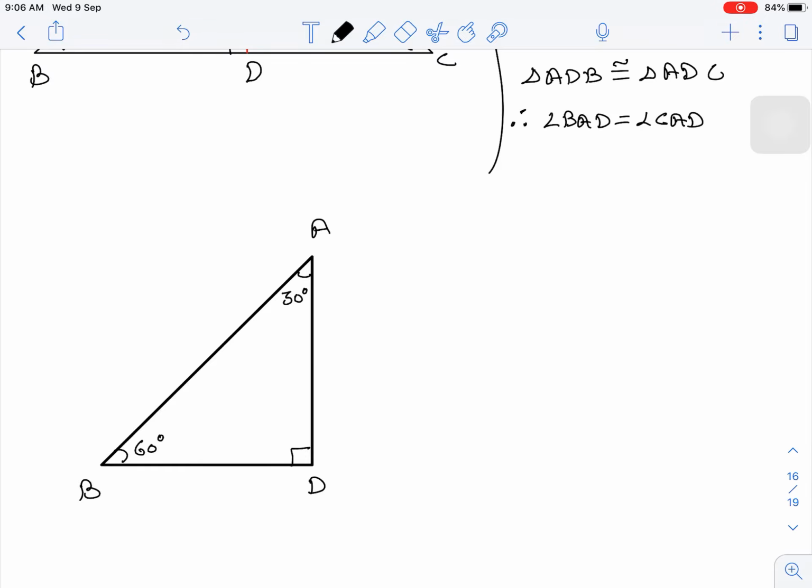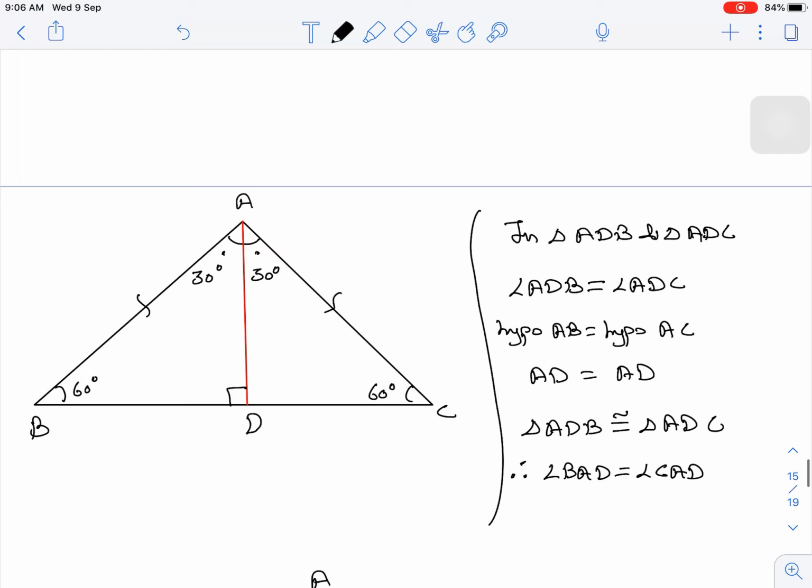Now let us consider in the original triangle that the length of side AB is small a. If this one is a, then the length of side AC will also be a, and the length of side BC will also be a.